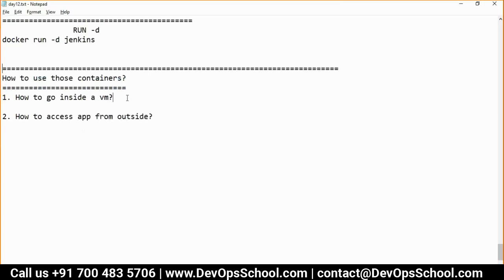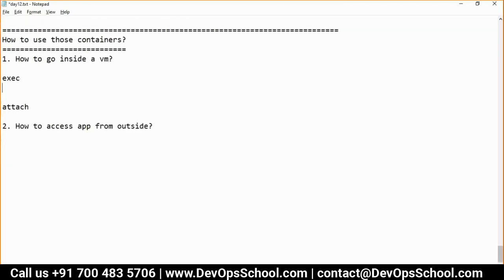For this we have two commands, exec and attach. What does exec mean? Understand that this would execute an executable inside a container. For example, let me prove this.